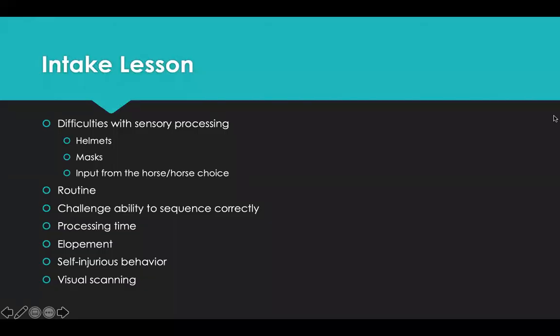So during your intake lesson, just some things to keep in mind are going to be potential difficulties with sensory processing. So putting that helmet on for the first time. Some of the things that I've done for my patients on the therapy side are to instruct the families to practice ahead of time before they get there, or after the initial treatment session during therapy.